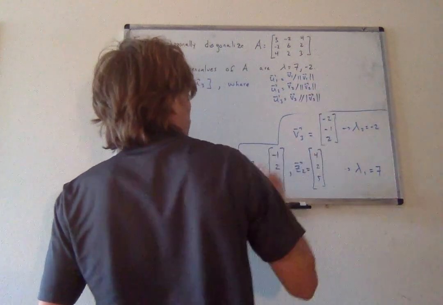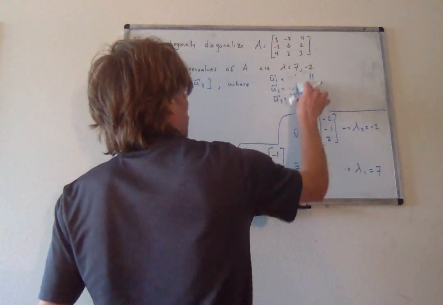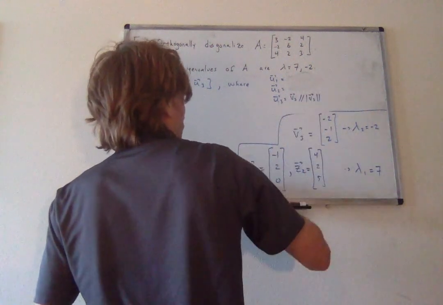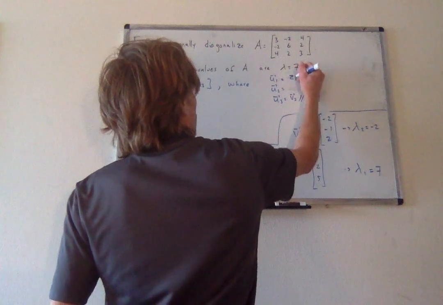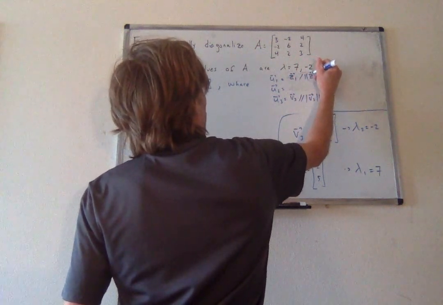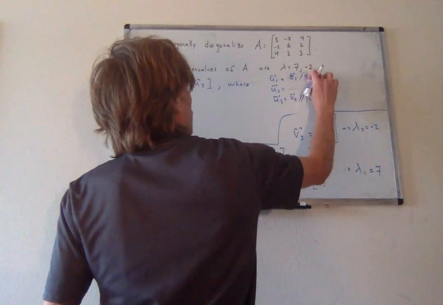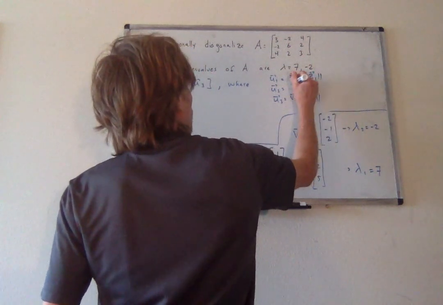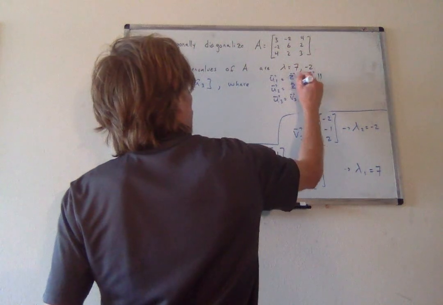And actually I have to make a small correction here. These should be z1 and z2, since we had to recalculate those using Gram-Schmidt.